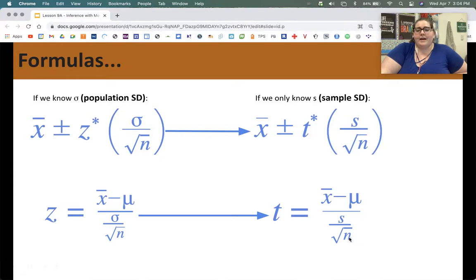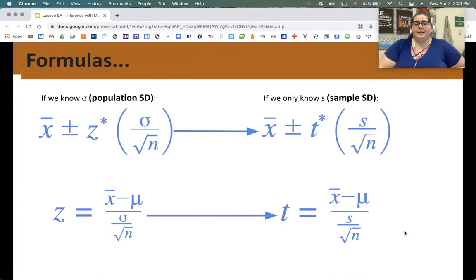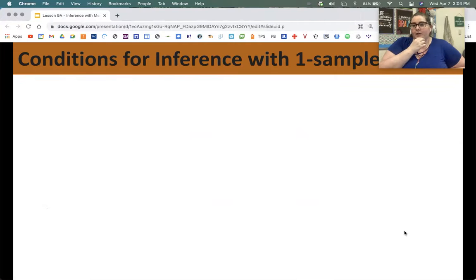So that is kind of the deal with formulas. When I go through these examples, I will show the formulas just so we're a little bit more familiar with how they work. But as always, it is completely okay to use the calculator as long as you name the type of test.